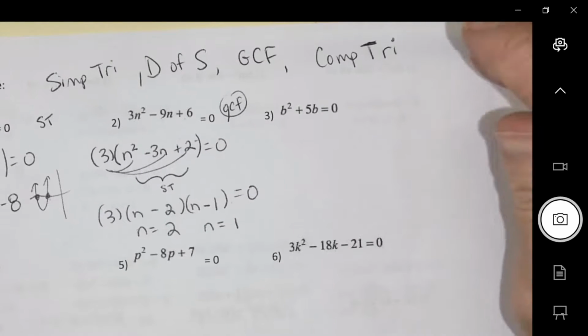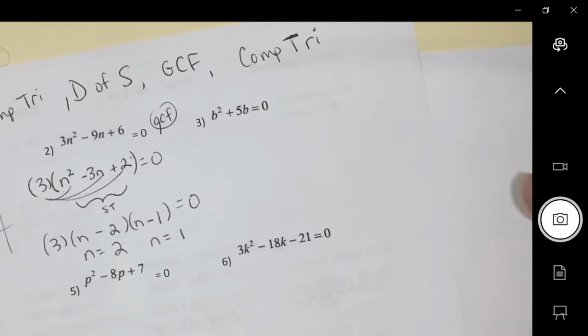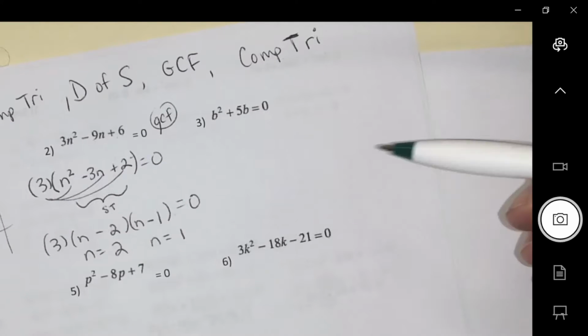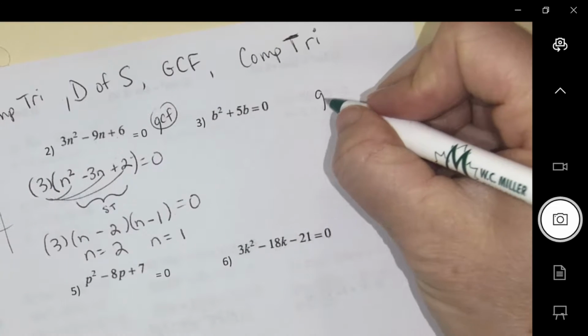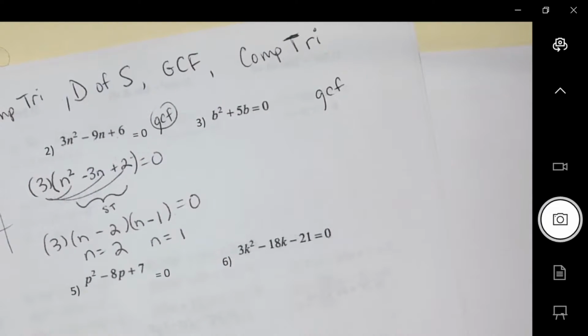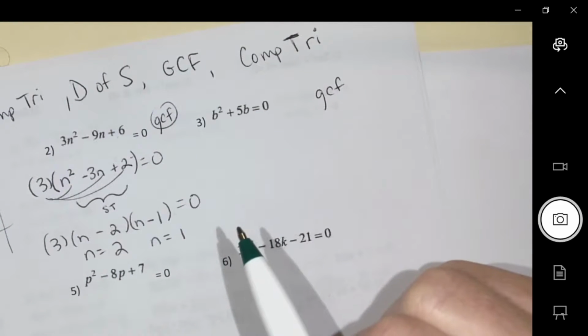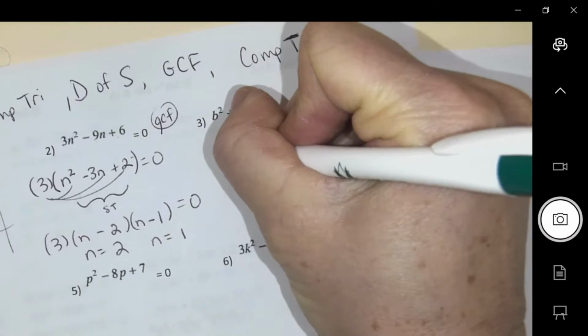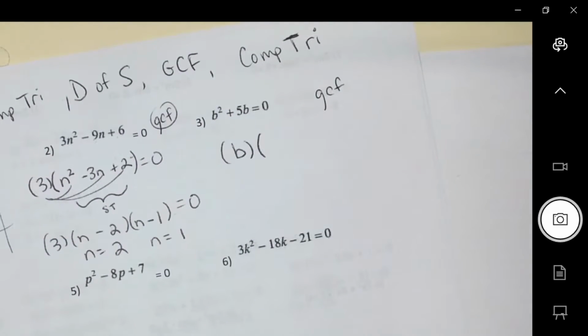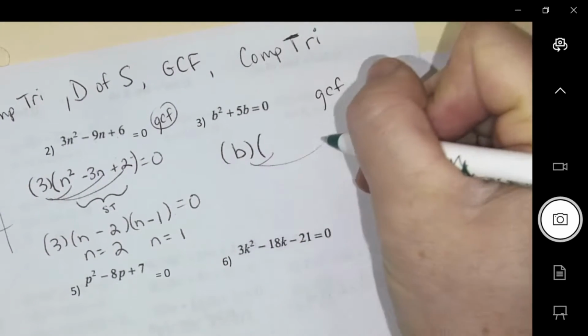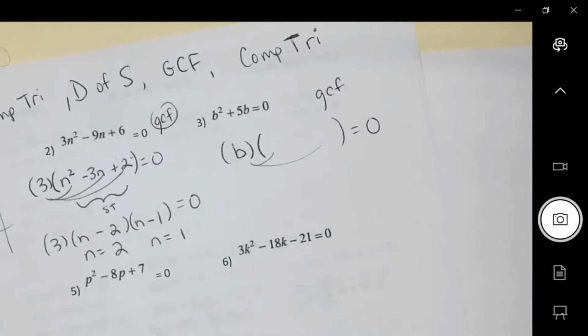Okay, number 3. Which style of these 4 would it be? GCF. Okay, so there's 2 terms. What's the thing I could take out of them both? I could take a b out, leaving me with a what and a what?